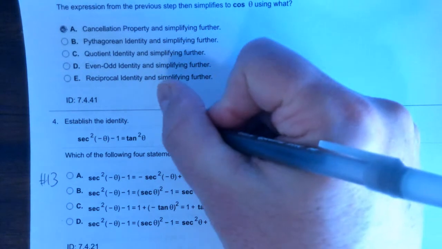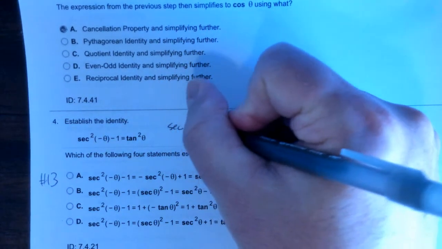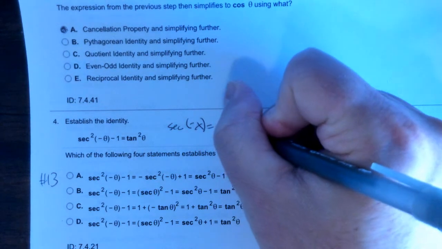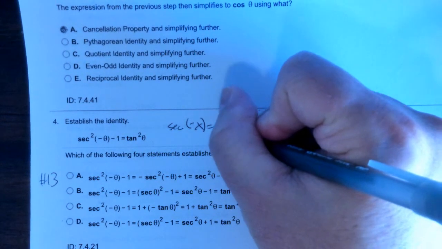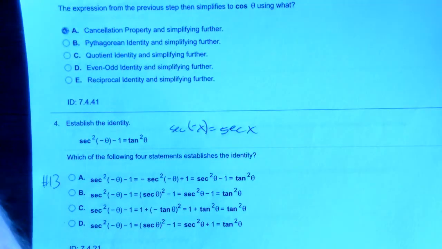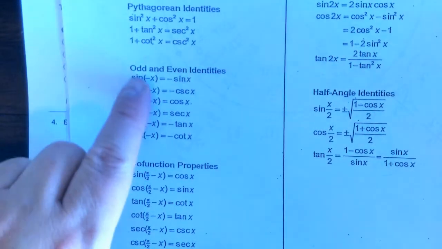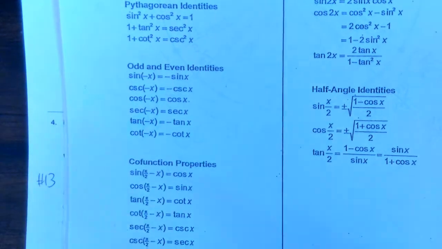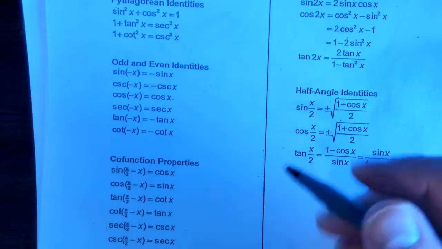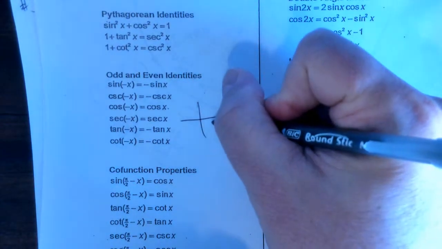Okay, on this one, we've got secant of negative x equal positive secant of x. This is from your odd and even right there. Remember, secant relates to cosine, so both would be on the right side.